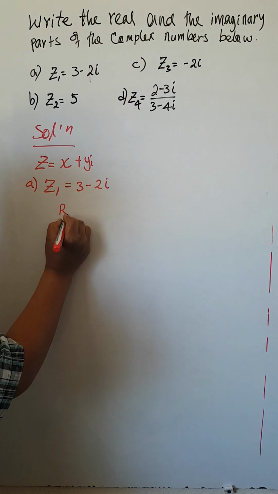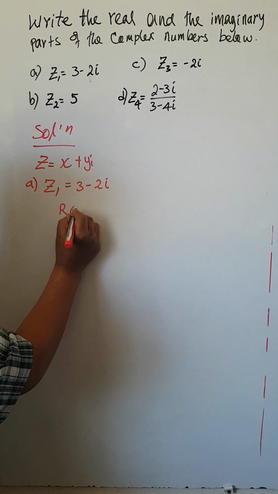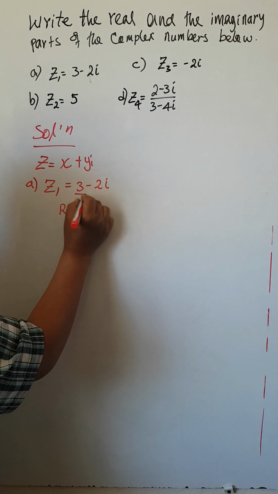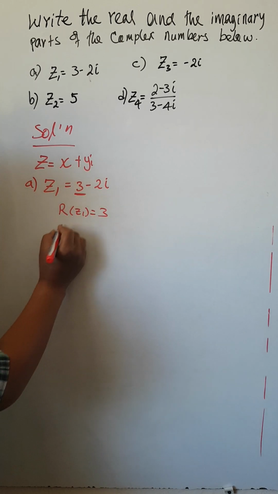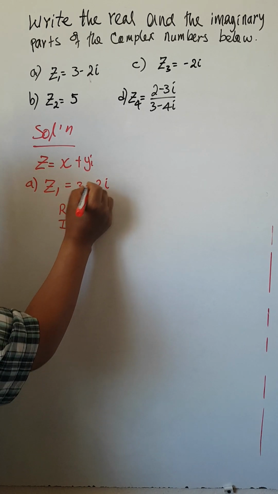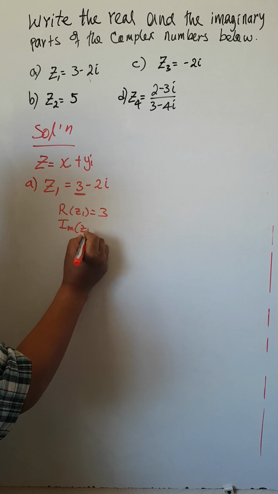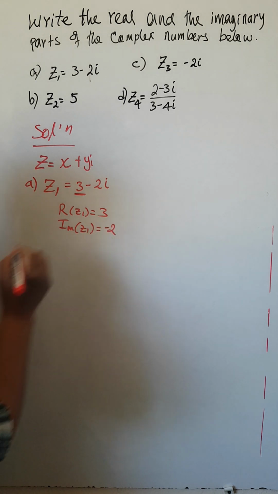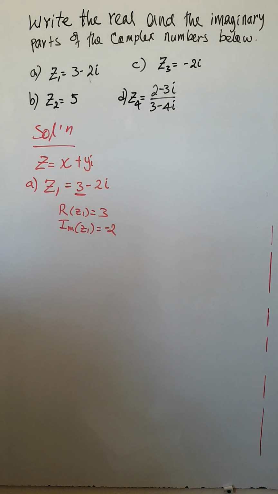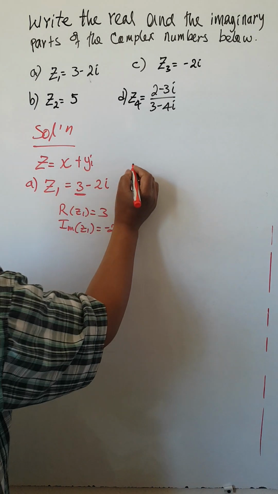The real part of z1 is 3, and the imaginary part of z1 is negative 2, which is the coefficient of i. Okay, negative 2.